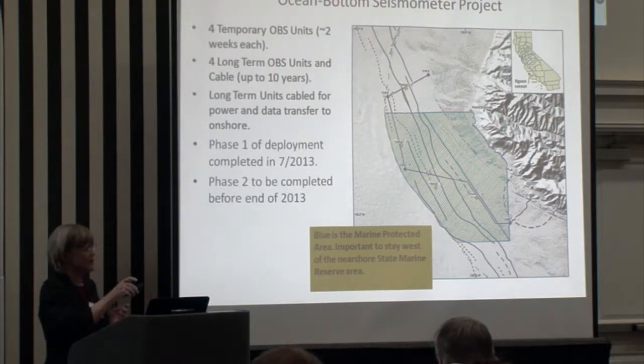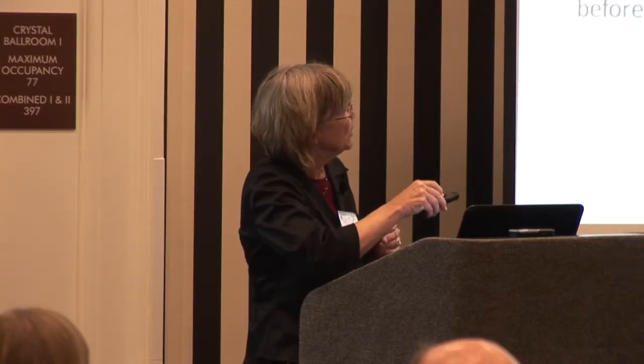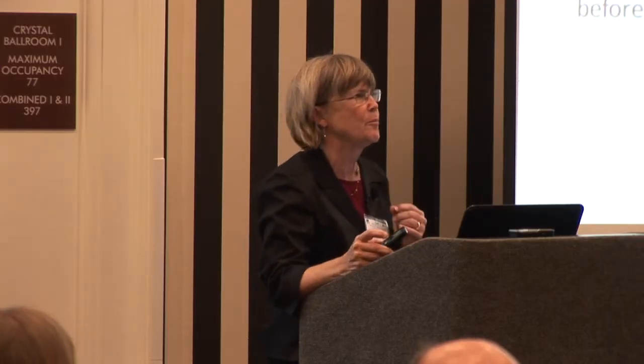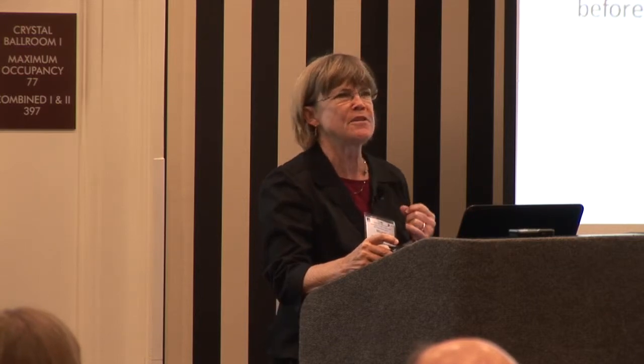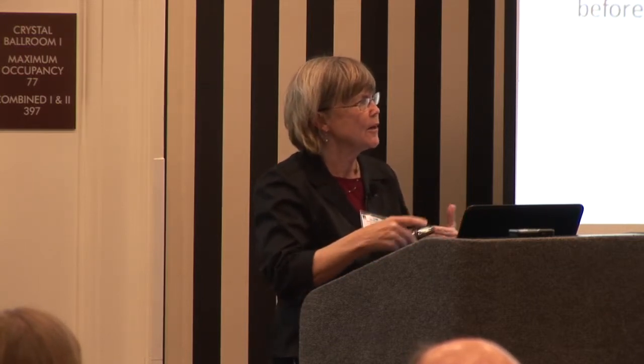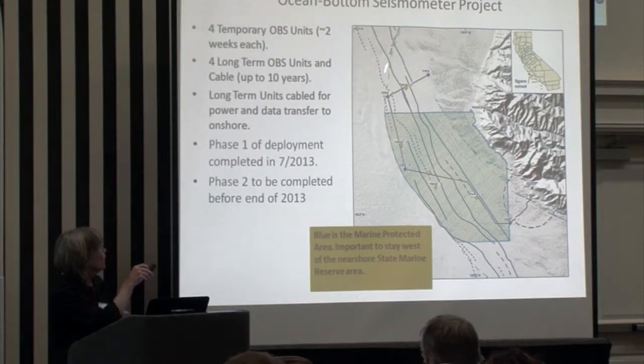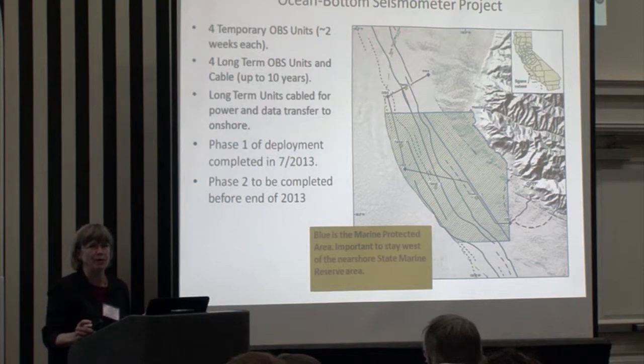We couldn't do that here, and also because this hatched area here is the marine protected area, and we have to stay on the westernmost edge of that. We also decided to stay within the 3 nautical mile limit, which is the state boundary. It cuts down on a lot of permitting.